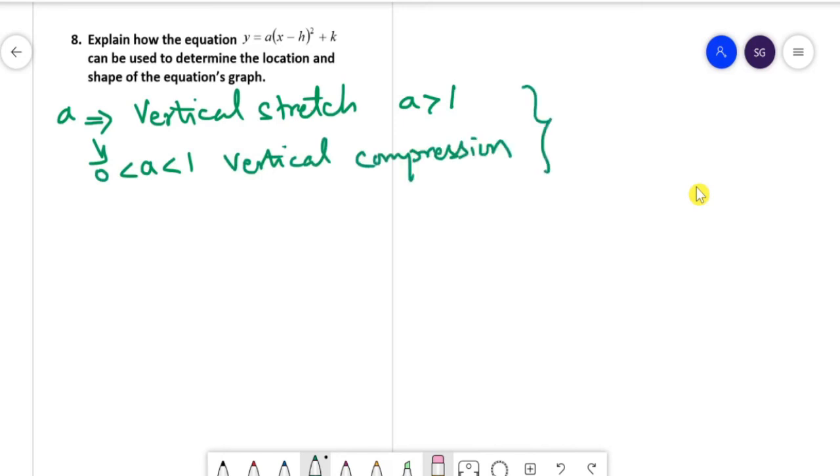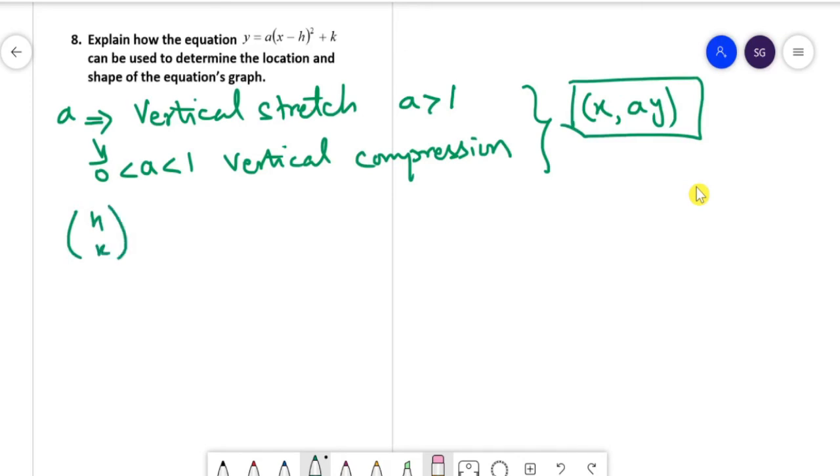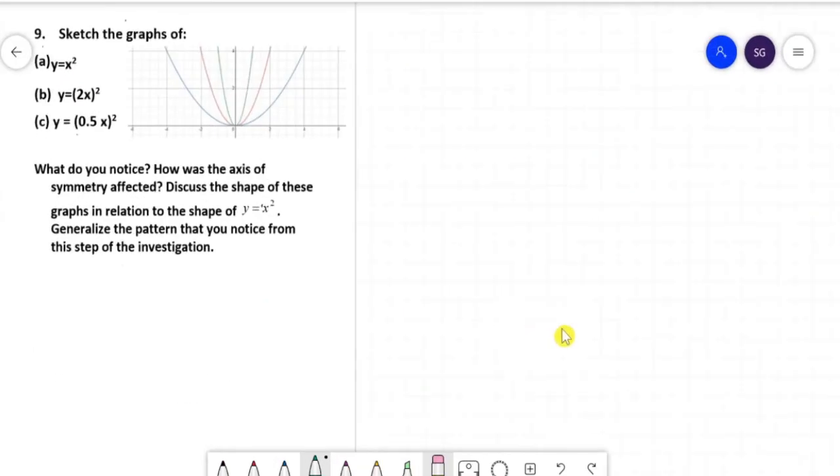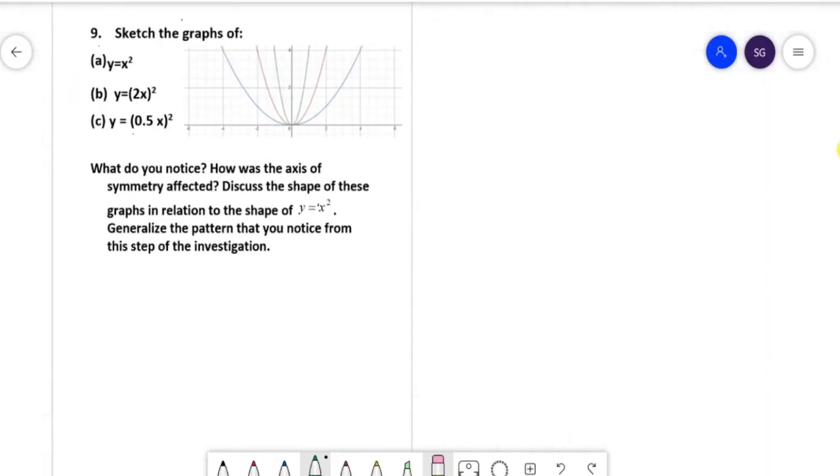In both cases, for a, the x value remains the same and the y value is multiplied by this stretch factor. And this is for the stretch here. And then (h, k) is the translation vector.